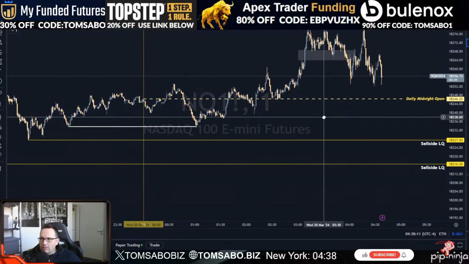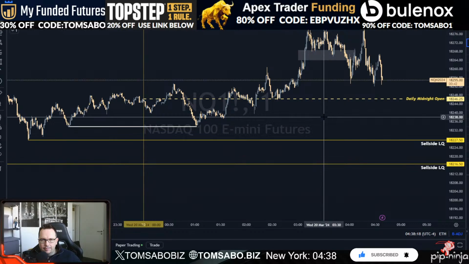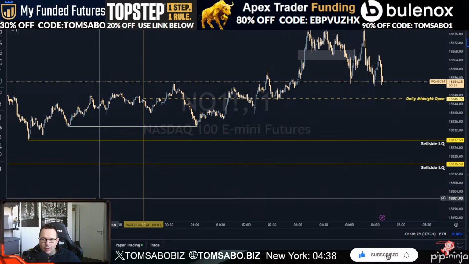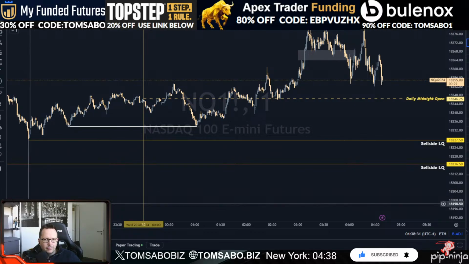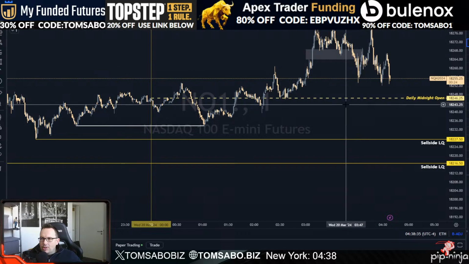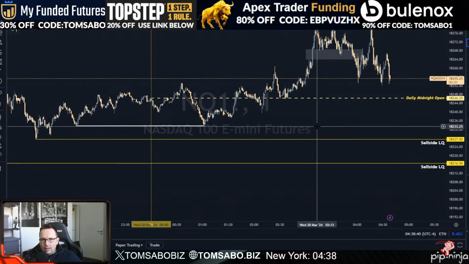Sweep those Asia lows, but there's no displacement now. If it's going to be ranging, then that's the only possible target down there.